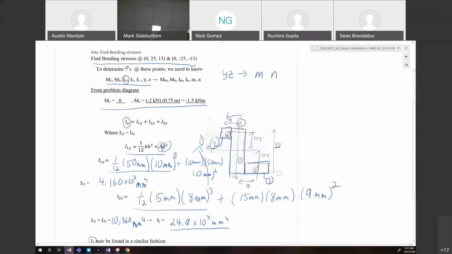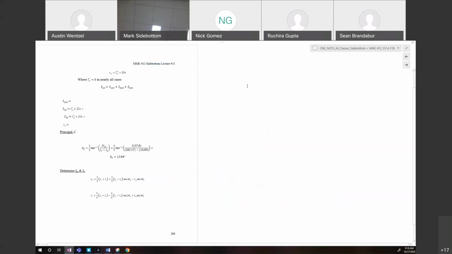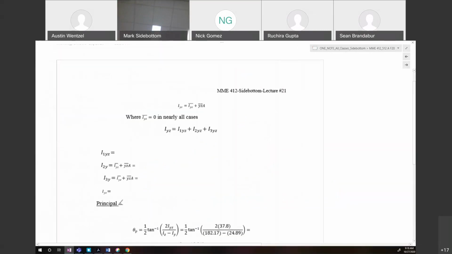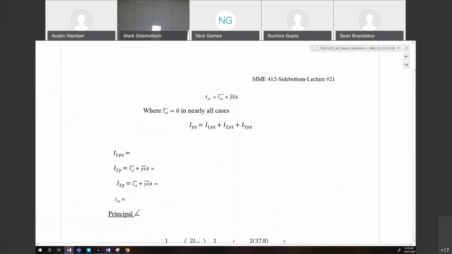We also do need to solve for y and z, but actually, sorry, y and z were given to us. These are y and z. All right, so we just need to solve for Iyz. So we're going to do that on the next page. You can solve for Iyz.